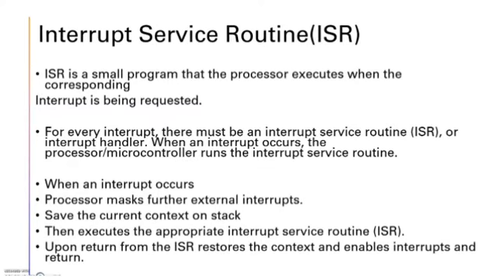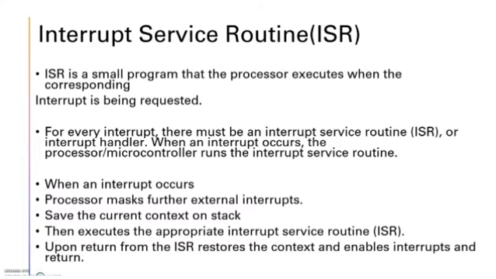Whenever an interrupt is occurring, the processor will do these steps. First, when the interrupt occurs, it will mask further occurrences of interrupts, programmatically. It will mask all the other interrupts and save the current program's or current routine's status onto the stack, and then it will execute the appropriate interrupt service routine.